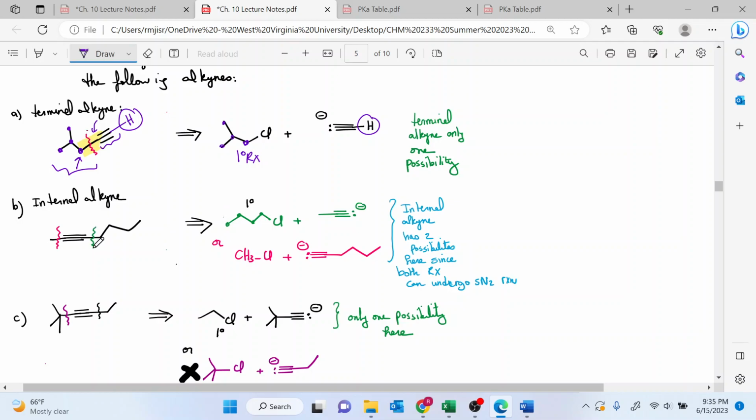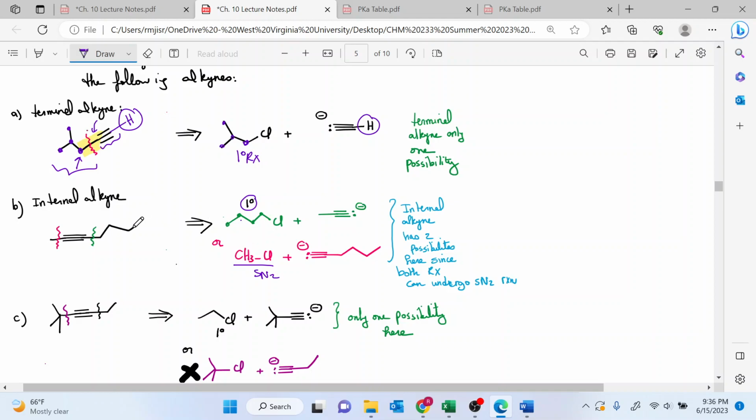You are going to break the bonds that are connected to the triple bond and stick a halogen to this carbon over here. So now I'm going to end up having 1, 2, 3, 4 carbons and a halogen. Okay, this is a primary alkyl halide, so SN2 can happen. It needs to be primary or a methyl halide. So with methyl halides, also the reaction can happen. This is an SN2 reaction, and it can happen.